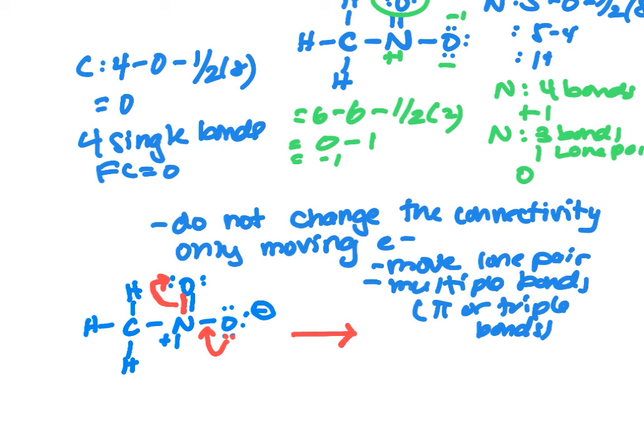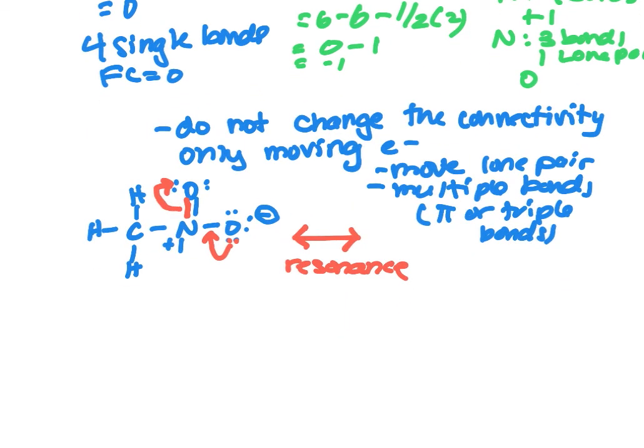Now I'm going to draw a double-headed arrow. This indicates resonance. This is really important: it's a single line with two arrowheads that indicates resonance. Again, the connectivity is not going to change.